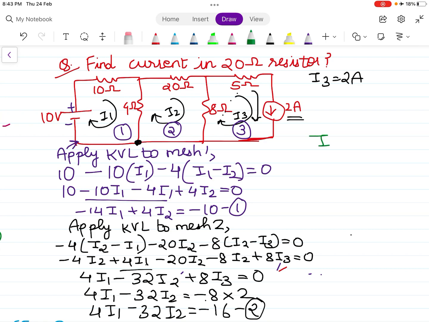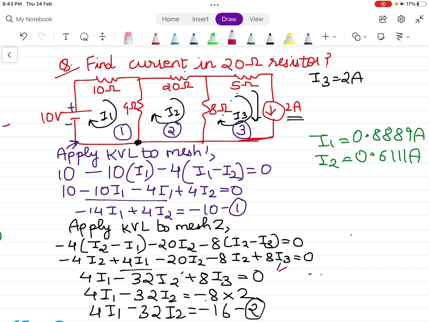Equation number 2. Two unknowns, solve simultaneously and get the values for I1 and I2. So I1 is 0.8889 amperes and I2 is 0.6111 amperes.